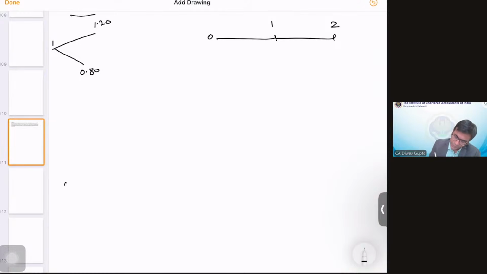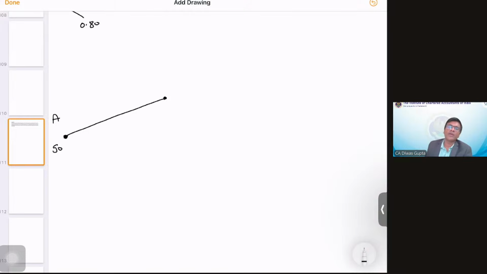Now let's start with drawing the binomial tree. While drawing it, we will have to give a name to each node. So let's say this is a node. 50 is the starting price, because today's price is 50. Now after 1 year, there is a 20% increase that can happen.